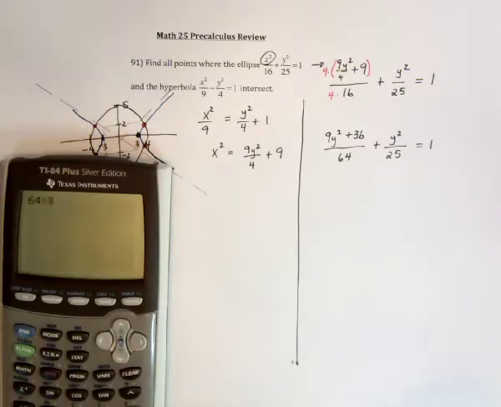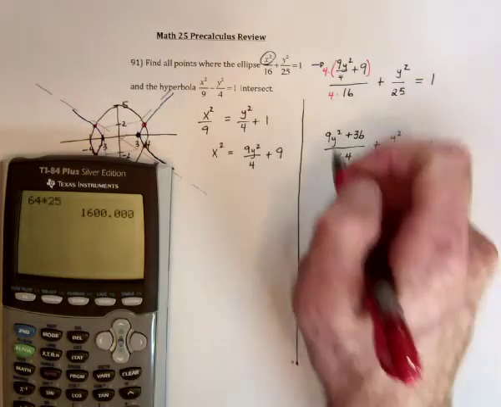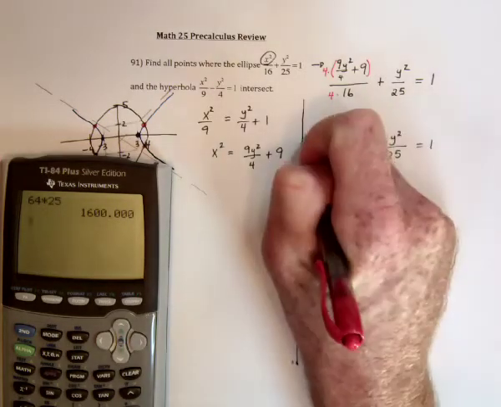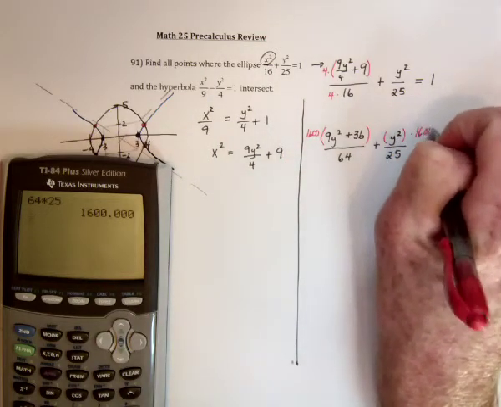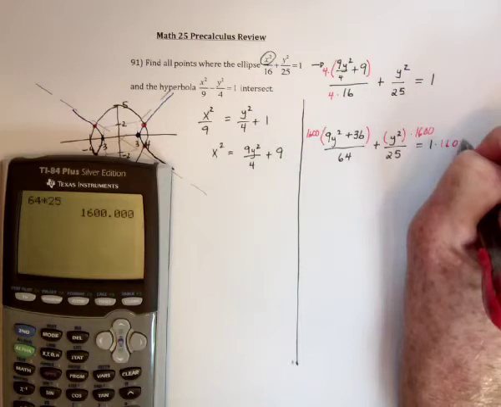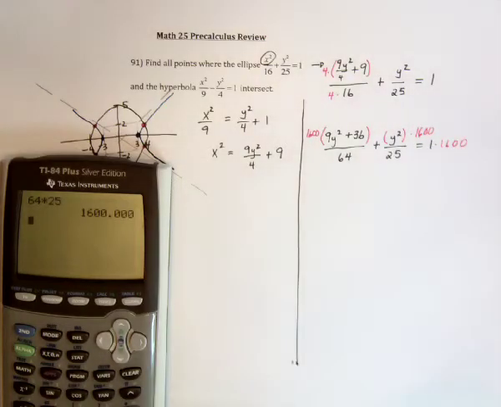Calculating that quickly in my head, 64 times 25 is 1600. So multiply both sides by 1600.